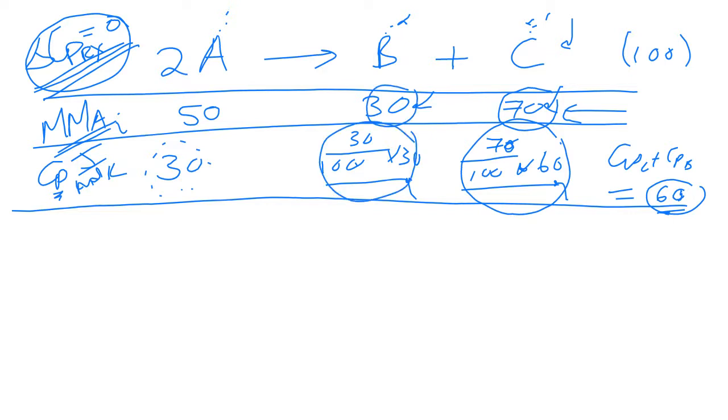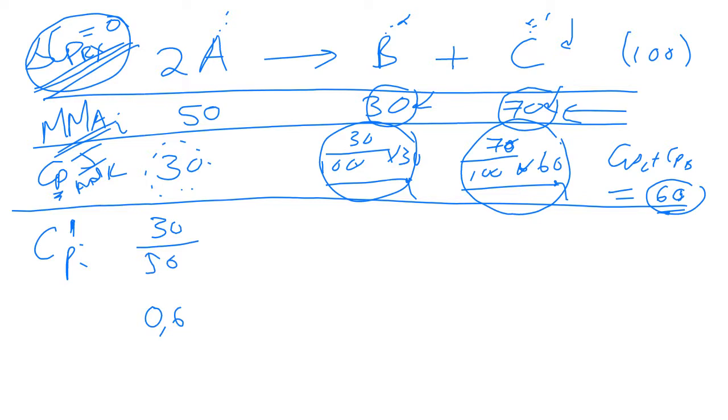So if I now employ this, I want you to test this. I take the CP values and I want to calculate the mass-based CP value of each of the components. That is going to be 30 for CP of A divided by 50, which is going to give me 0.6.